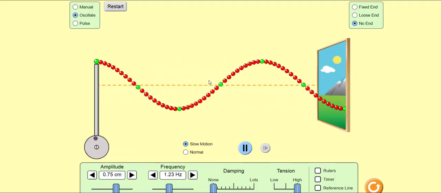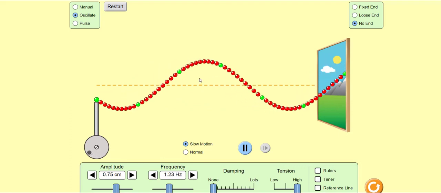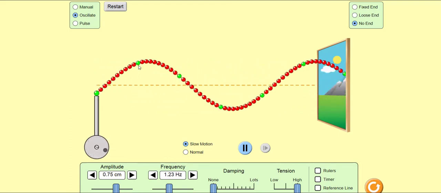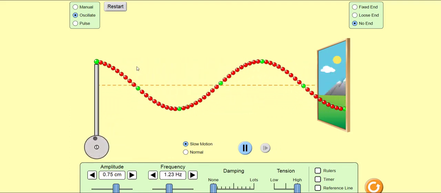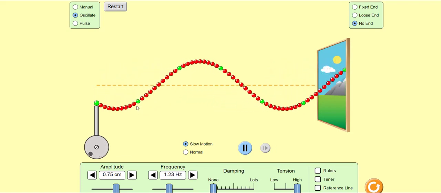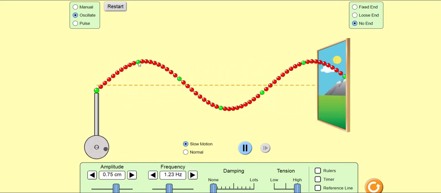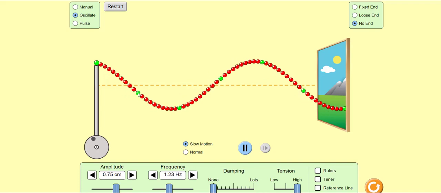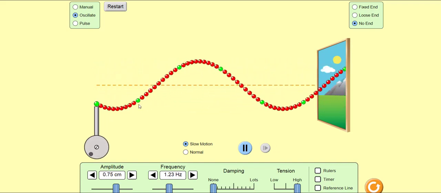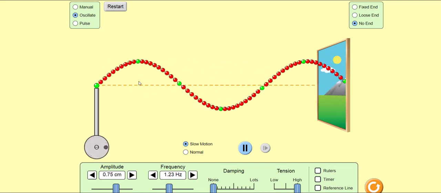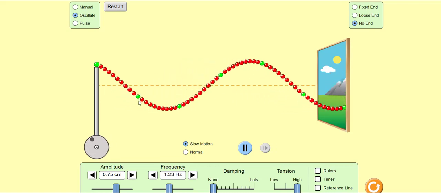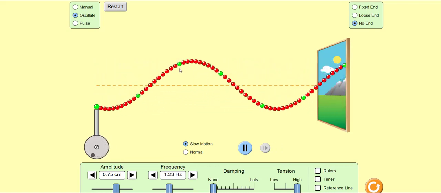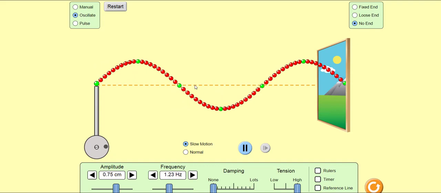So here's a progressive wave, and if you look at, say, this green particle here, you can see that it oscillates up and down. And if you compare its amplitude, and remember amplitude means the maximum displacement of a particle or a point on the wave, it's exactly the same as the amplitude of any other particle.